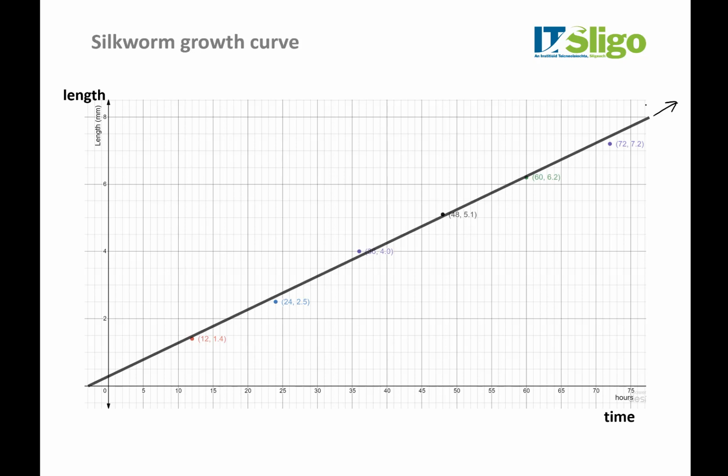How big would it be in 6 days, in 7 days? So once we write out our function, that L is equal to something, something, something, T plus something, something, now we can start to use it to predict how the larvae will behave. But like I said, we'll come back to that in the next lecture.